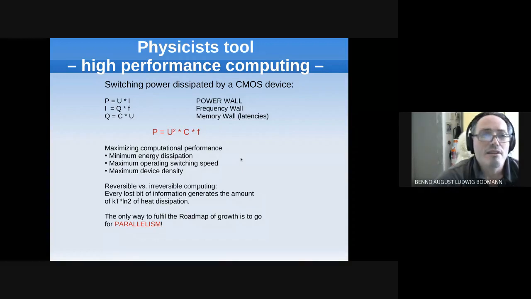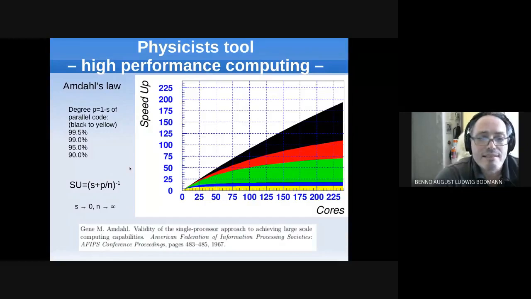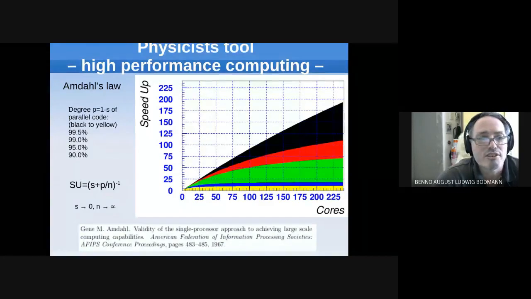And Amdahl's law says how this parallelism depends on the speedup of a computation. So the famous law is given here. The speedup is the reciprocal of the serial part of the code plus the parallel part divided by the number of computing devices, n.